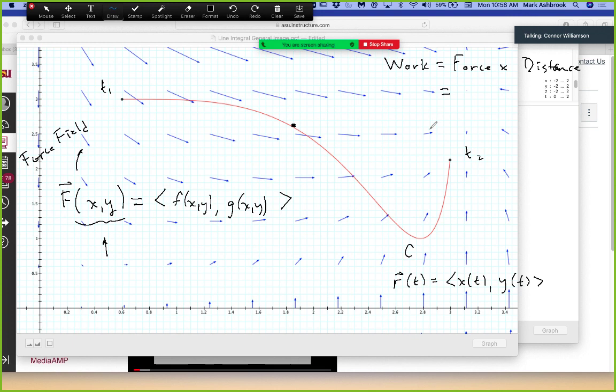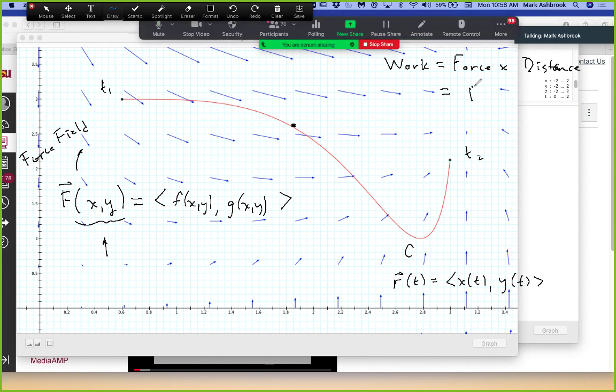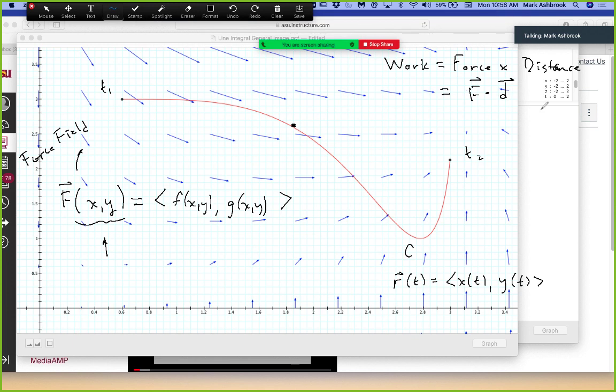You can use the dot product. Right, remember? It was the dot product of the force and the distance vector, because the dot product gives the amount of force only as much as in the direction of D.